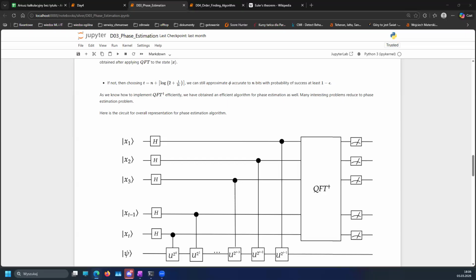And then we will move on to the next topic, which is the order finding algorithm, which is basically the core of Shor's algorithm. And as we discuss the order finding algorithm in theory, we will also move on to some coding exercises. And after today's lecture, there will be a coding assignment for you.